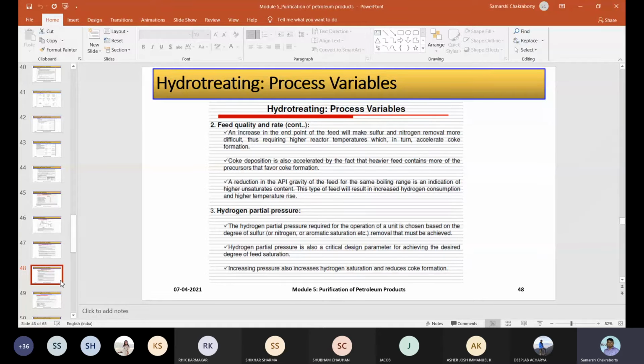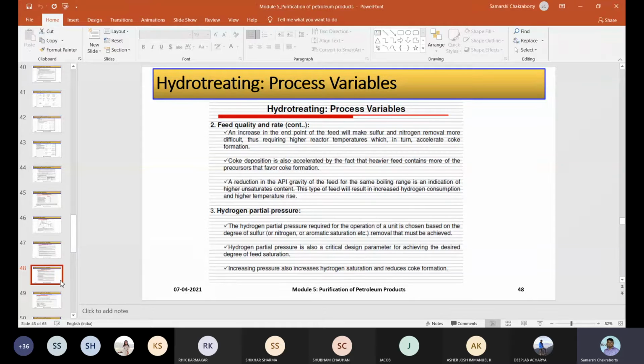Because your heavier petroleum fraction has a higher percentage of aromatics or naphthenic products, it has a higher tendency of coke formation. Once you saturate it, it gets converted into paraffinic hydrocarbon, and the chances of coke formation drastically reduce.